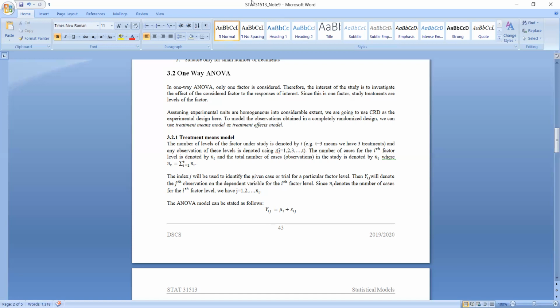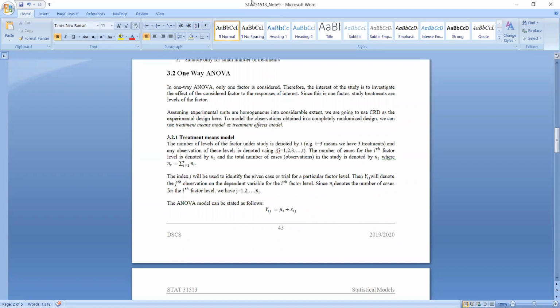When you take the second treatment, let's say you have assigned 7 experimental units. So under each treatment, we have to assign experimental units. When you take the ith treatment, the number of observations you have is denoted by Ni.